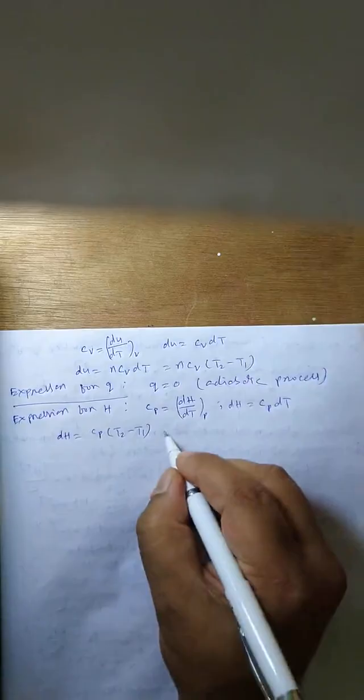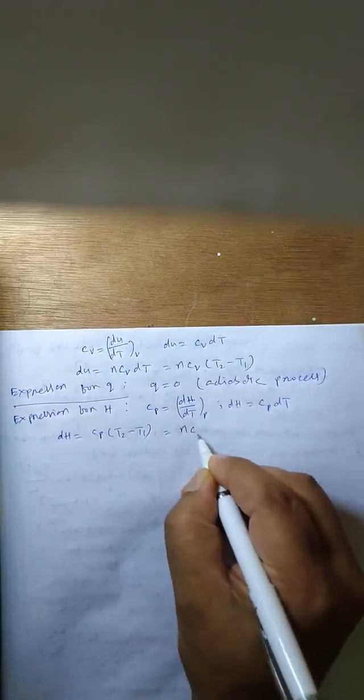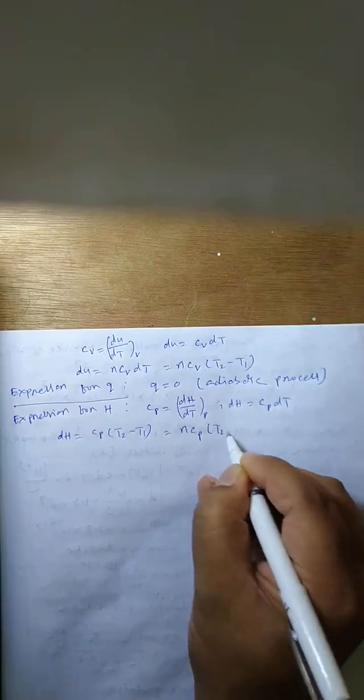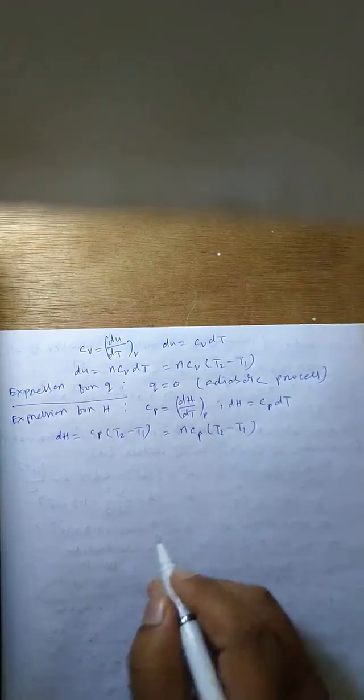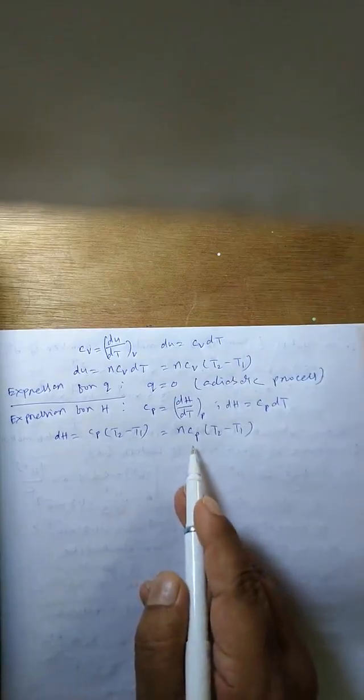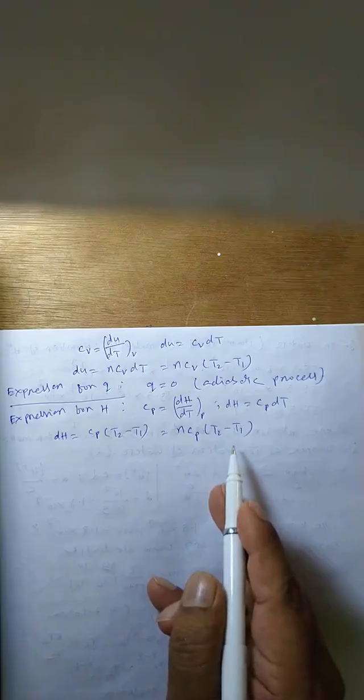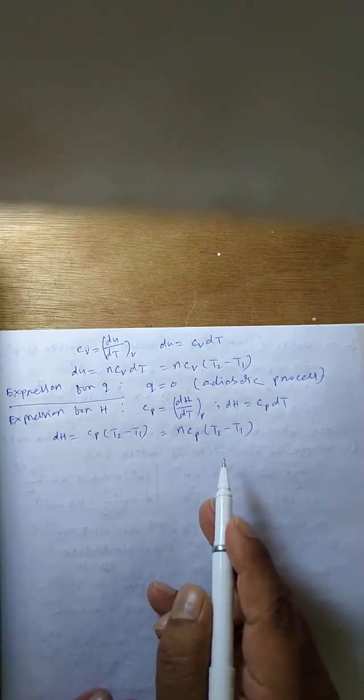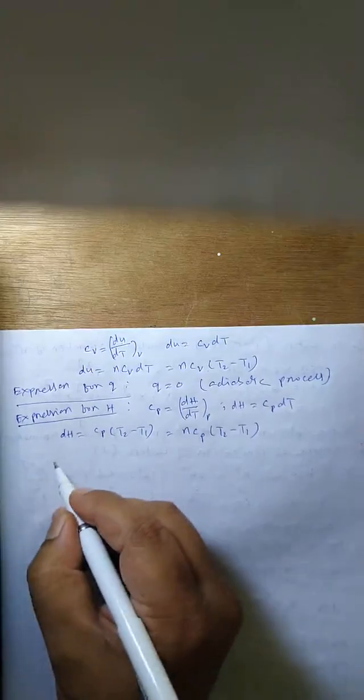This is for 1 mole. For n moles you can write n Cp (T2 minus T1). In this way, if the value is given to you, you can put this value in this equation. Otherwise, enthalpy can also be expressed in another form.